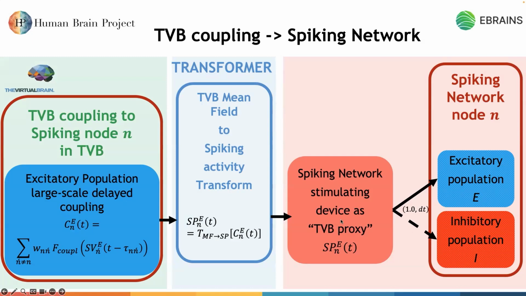Only this time, we need one proxy for every receiving node, because it's really the coupling towards this node that is communicated. Also, given that this coupling is already computed with the weights and time delays that are determined by the TVB connectome, we don't need any further weighting or delays here. So we're just going to send the activity as it is.